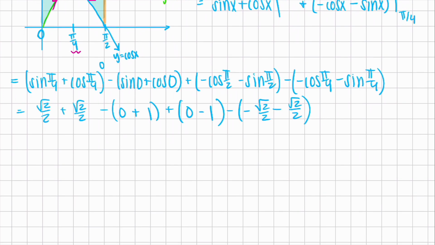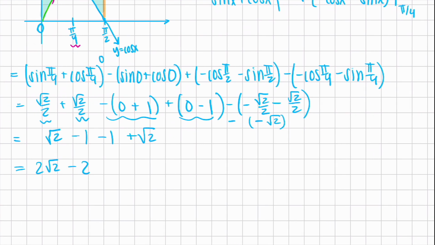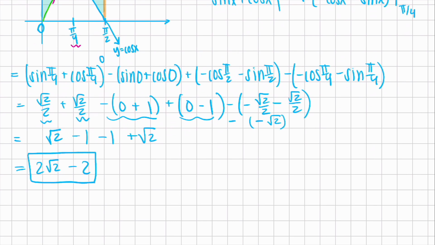Keep simplifying. Rad 2 over 2 plus rad 2 over 2 is just going to be rad 2. And then I'm going to get from here minus 1, and this is going to be negative rad 2 with this negative out front, so this is plus rad 2. So we end up with 2 rad 2 minus 2 as our answer.